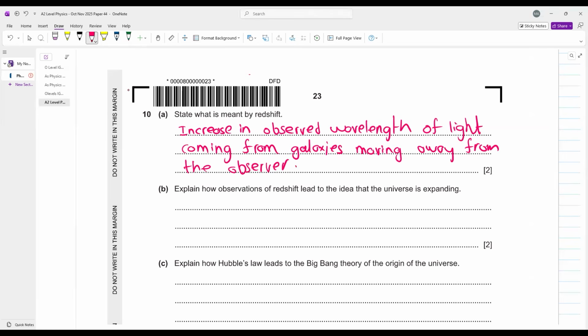Simple. Explain how observations of redshift lead to the idea that the universe is expanding.